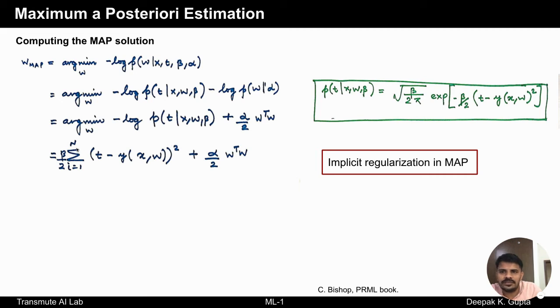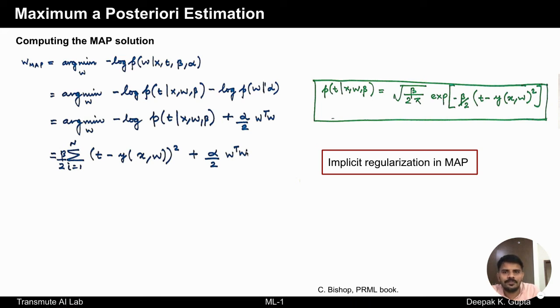What we see here is that this solution is equal to the mean squared error plus an additional regularization term. When you minimize this entire function, you also need to minimize the inner product of the weights. So this function tries to minimize the values of the weights themselves, thereby adding an implicit regularization.